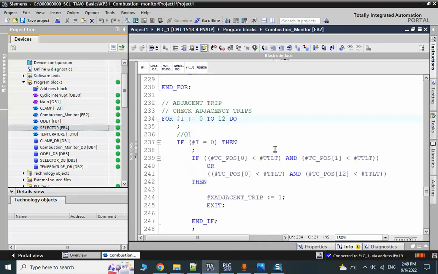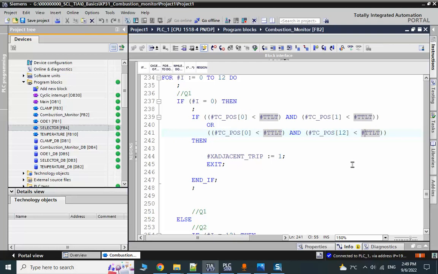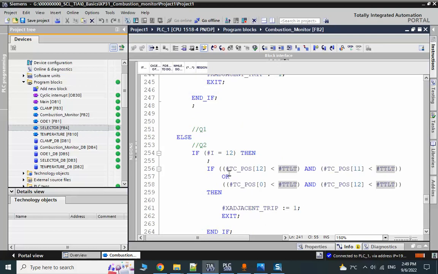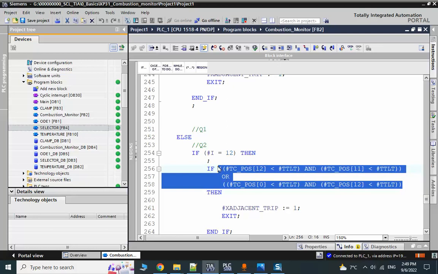For the adjacent trip, it's very similar. We treat the boundaries differently. We simply check the low trip signal. Here we enable the trip and we exit. If I is equal to 12, check the boundaries here. Similar.